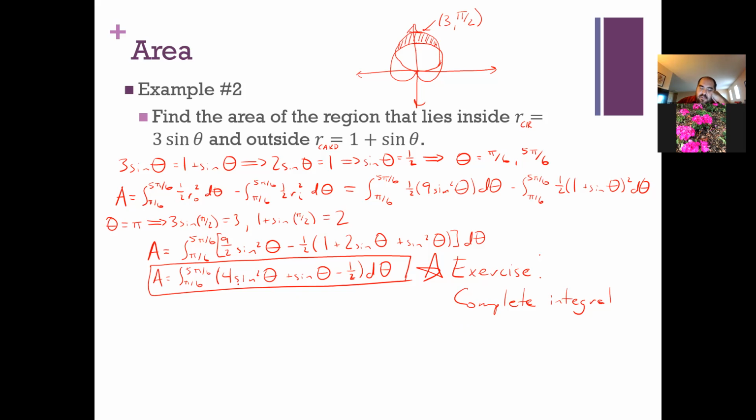The only part of this that's going to be difficult to integrate directly is the sine squared. So for this, I suggest looking at your double angle identities. All right, any more questions on that example?